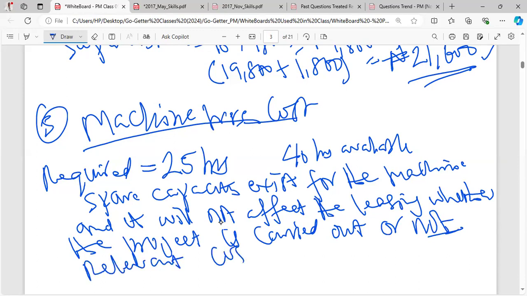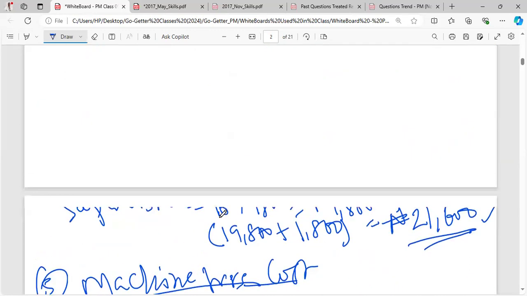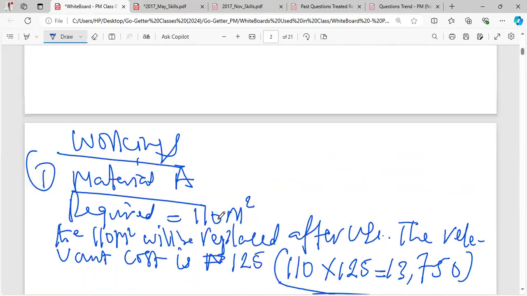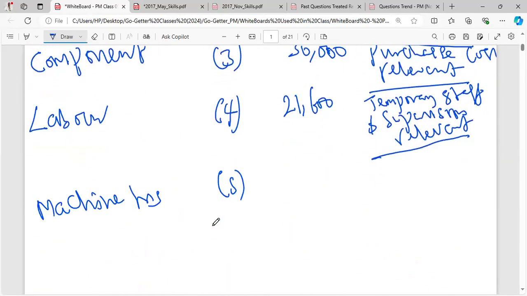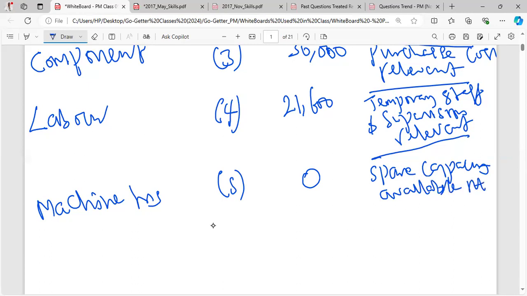Relevant cost is nil. So here I'm going to put another zero here. Spare capacity available, not relevant.